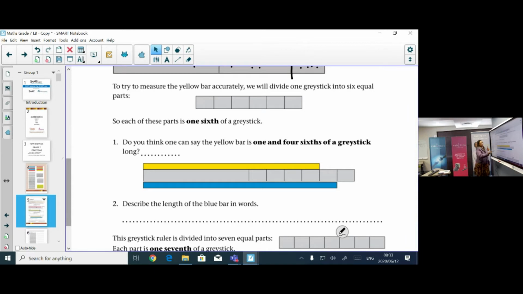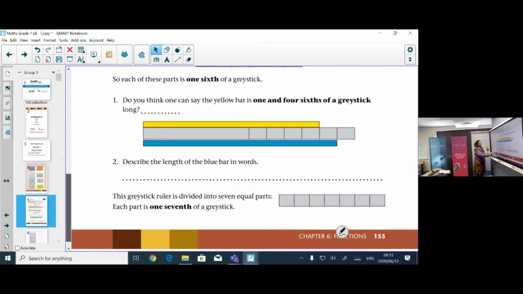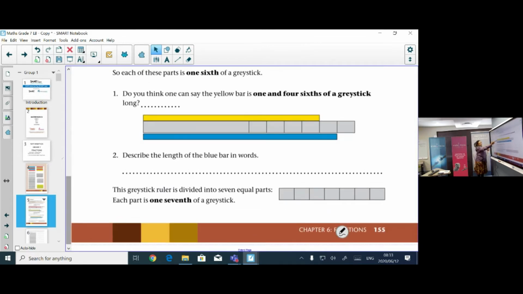Do you think you can say it is 1 bar and 4/6 of the gray stick long? We are having 1, 2, 3, 4, 5, 6, but only 4 parts over there. So we can now start to define the yellow one in terms of the gray one.